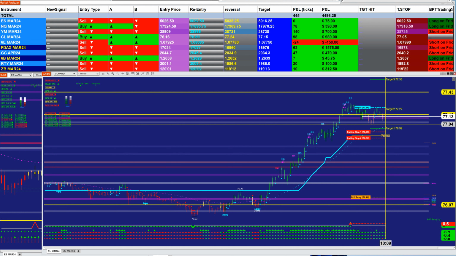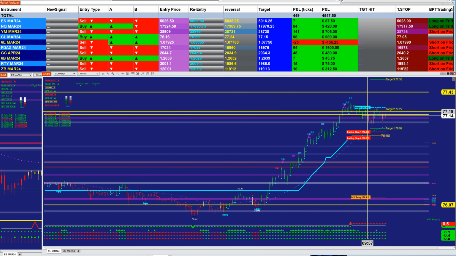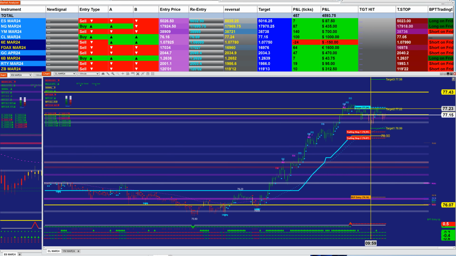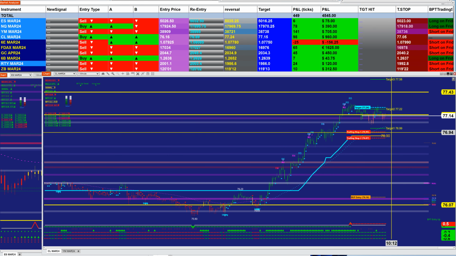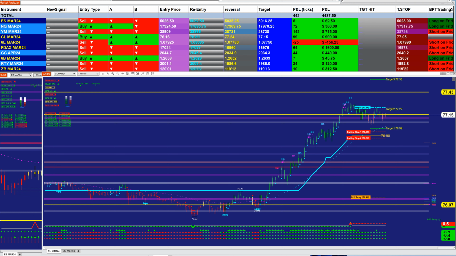You will see the market go between target 2 and target 1 for the next 30 minutes, which I mentioned yesterday. When the market hit the institutional number 2 at 77.22, it kept going back and forth between target 1 and target 2. This is very normal behavior when you hit target 2.